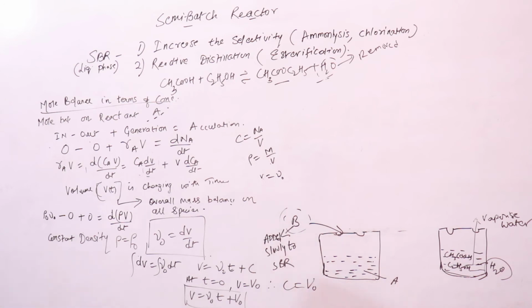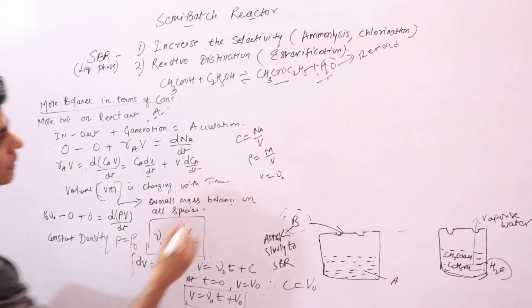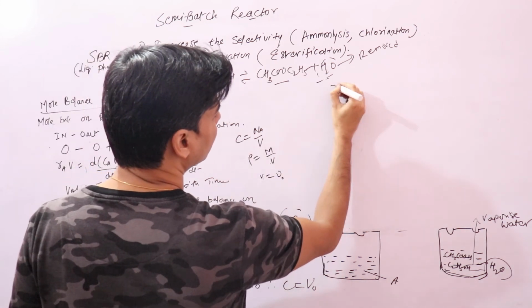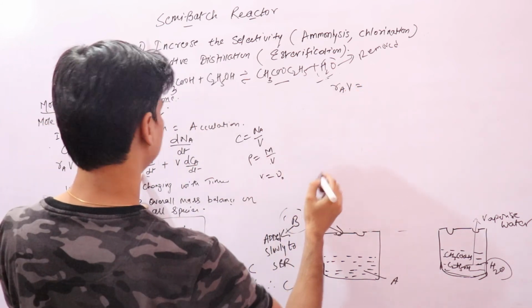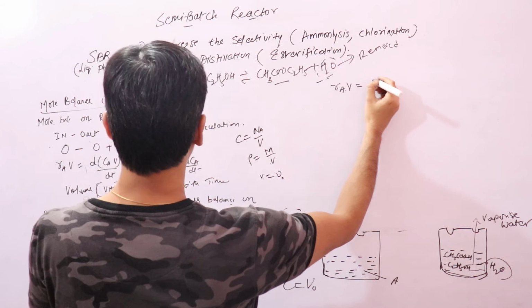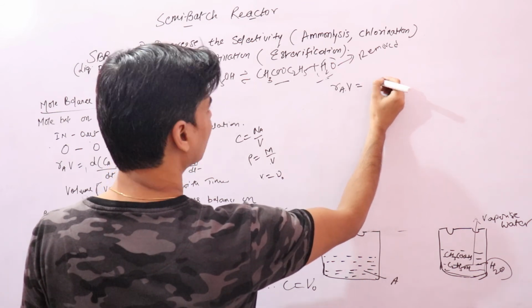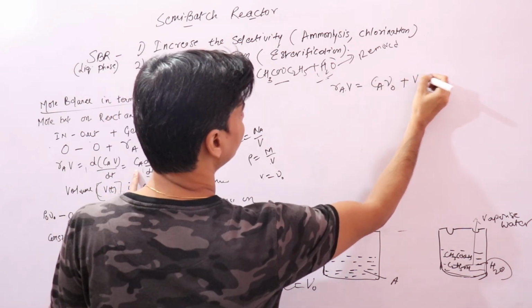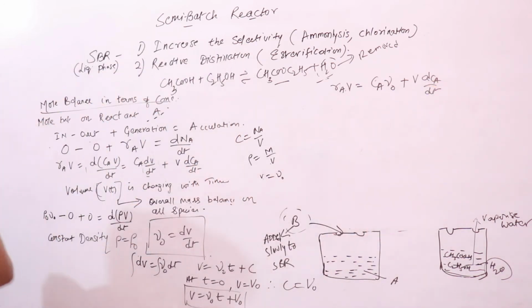We'll put the value of this dV/dt here, right? So what we will get is RAV is equal to CA nu 0 plus V dCA/dt, right?